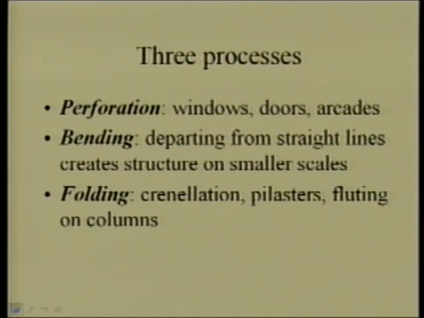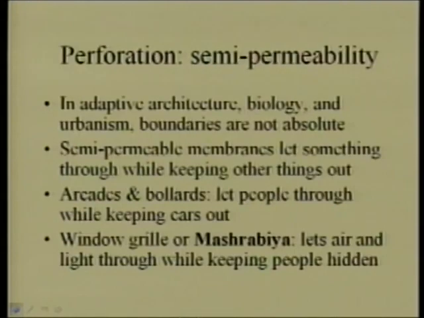Bending in a wall is a departure from straight lines and creates structure on the smaller scales. And folding of architectural elements. If you fold a wall, you get crenellation, pilasters, fluting on columns, etc. And I'm going to discuss all of these. Beginning with the perforation. Perforation means semi-permeability. And here, the best example is in biology.